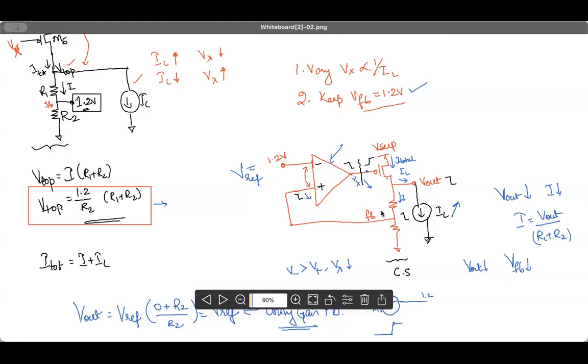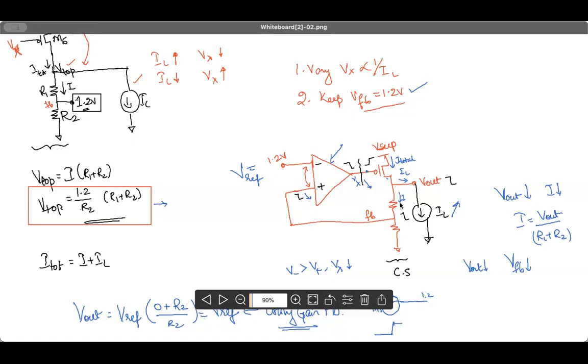So now we also analyzed how IL increases. What happens if IL increases? If IL increases, Vx has to decrease. We could also achieve that, and we did analyze this as well by breaking the loop, and we analyzed how our loop is in negative feedback, and hence we are able to achieve that Vx variation as well.